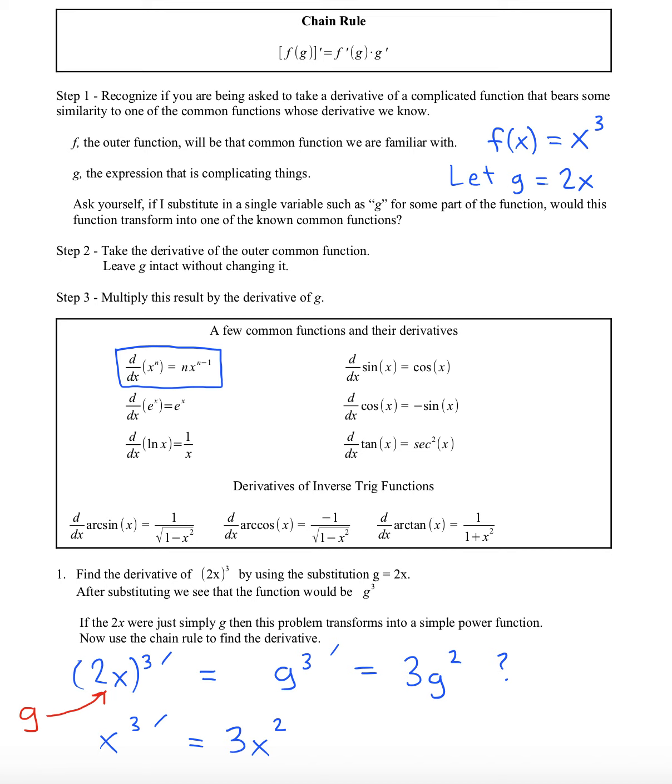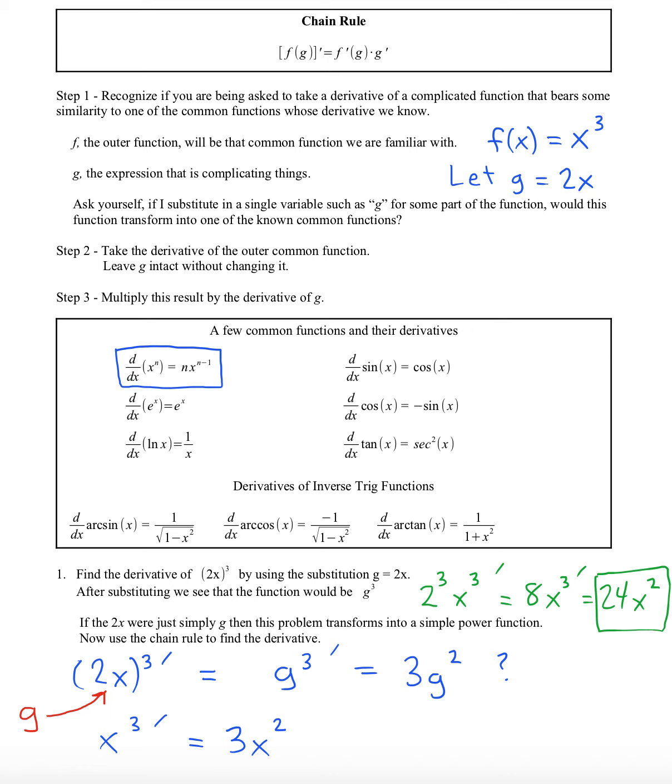And in order to prove that it wouldn't work here, I'll actually find the derivative of (2x) to the third using other means. (2x) to the third could be rewritten as 2 to the third times x to the third. And if you want the derivative of that, you could find the derivative of 8x to the third, which would be 24x squared. So that is actually the final answer that we're looking for here through chain rule.